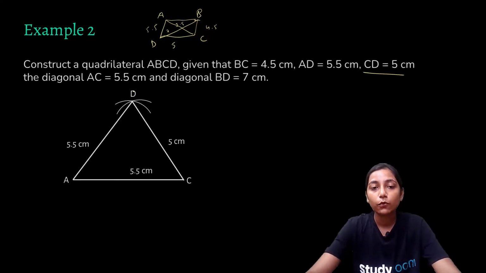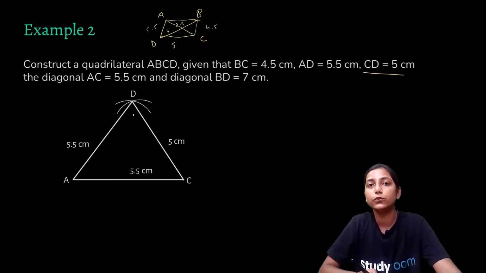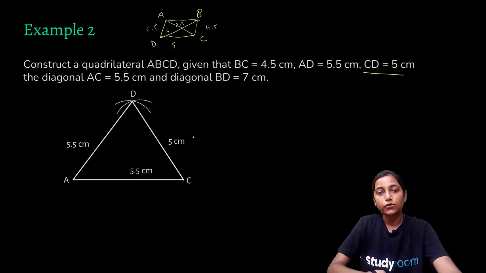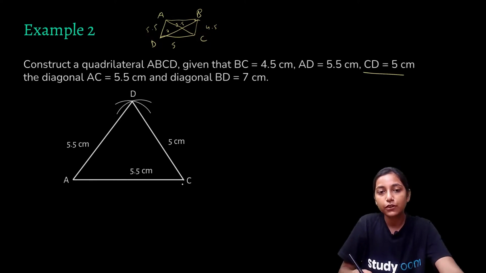Now what do we need next? We need a point B that is going to be opposite to the point D in order to construct this quadrilateral ABCD. We don't have AB, right? So first of all, what we can do is, we have BD.